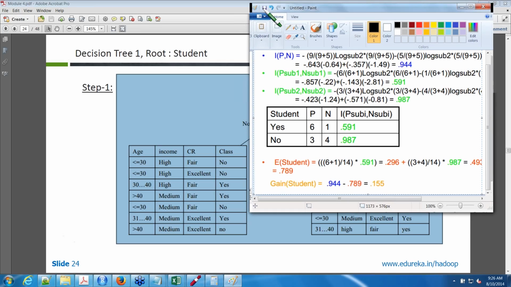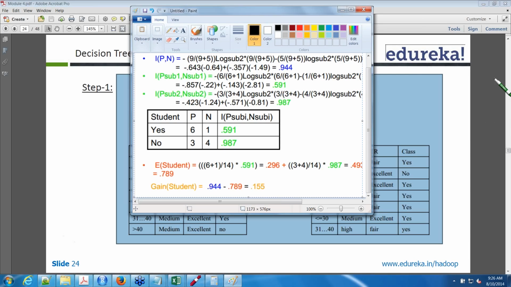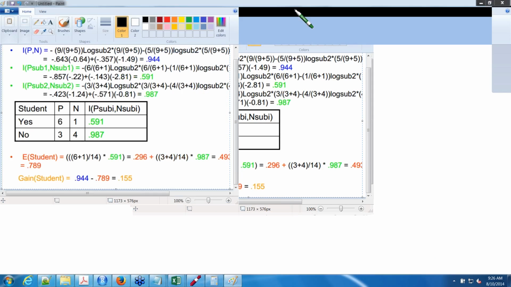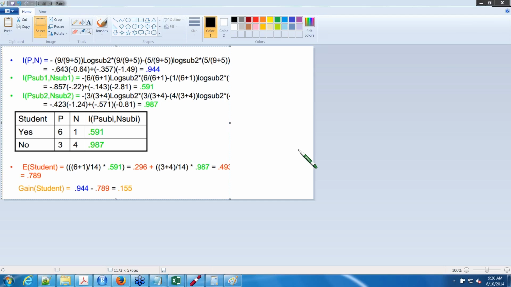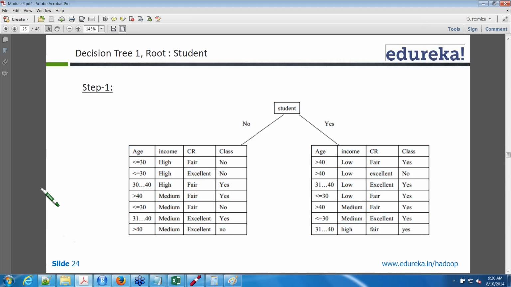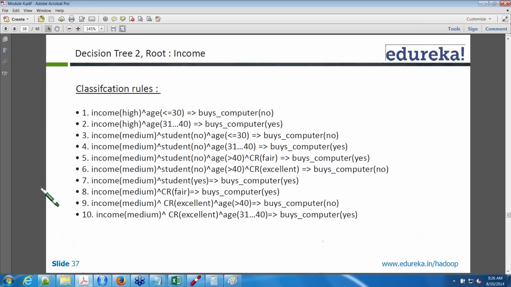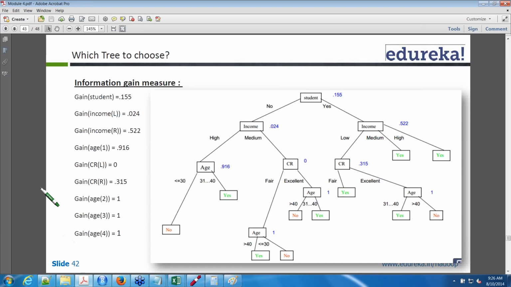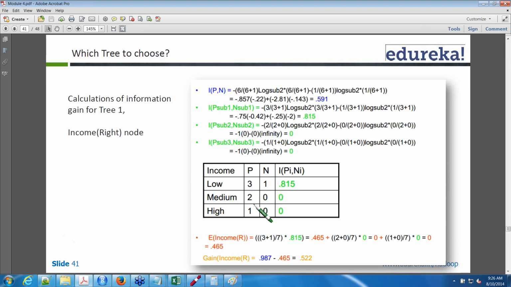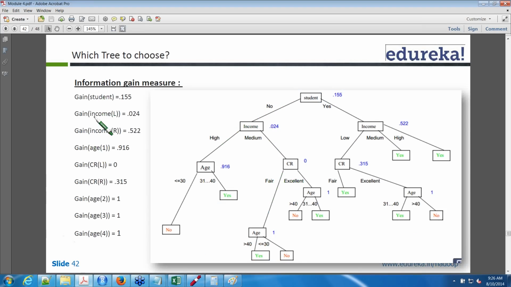Yes, it should be close to 1. Close to 1. Next result set, yes, it's a good entropy. Next, if you choose the next split based on income, the same kind of principles apply. When you start based on income low, the same applies: 3, 2, 1 and 1, 0, 0, 1, 0, 0. So likewise, if you start splitting based upon income, age and credit rating, all those things.